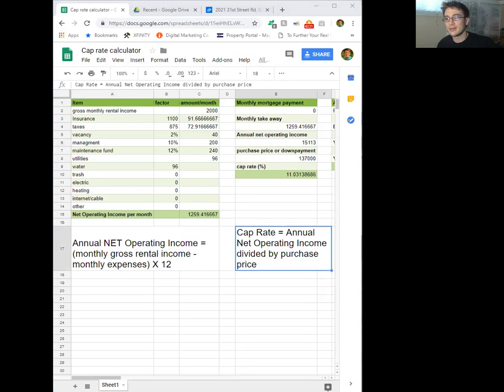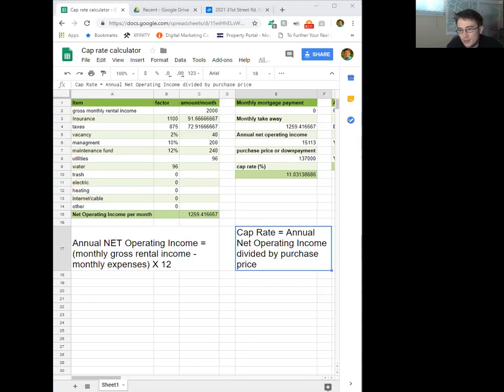Right now, in a low interest rate climate, cap rates tend to be favorable for more investors, because more investors can afford to get a loan. But as interest rates hike up, there will be fewer investors who can afford that loan. So that's another factor that influences cap rates.